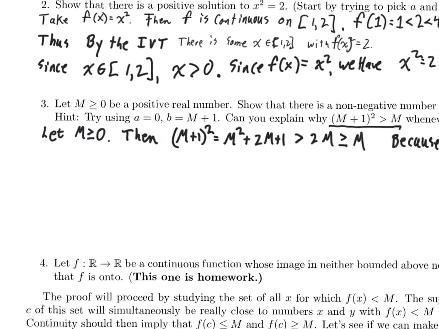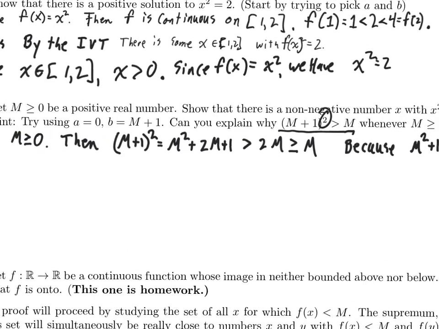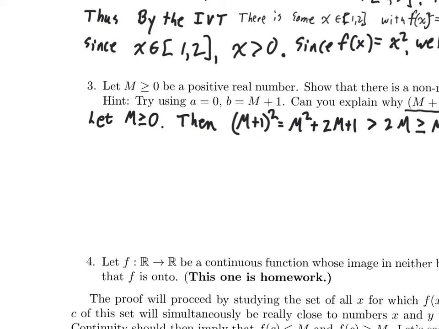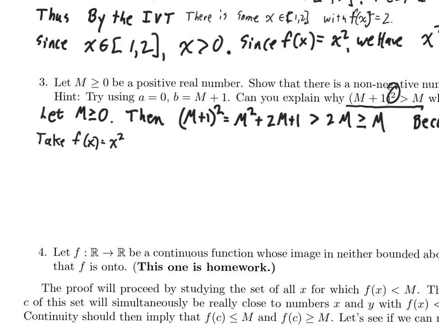Now let's define the function we want to use. So I'm still interested in squaring. So let's use the same function. So let's take f of x to be the function x squared. Then f is continuous on the interval from 0 to m plus 1.